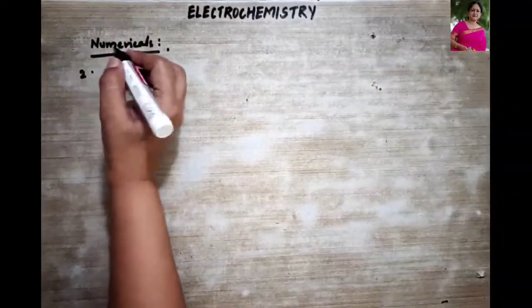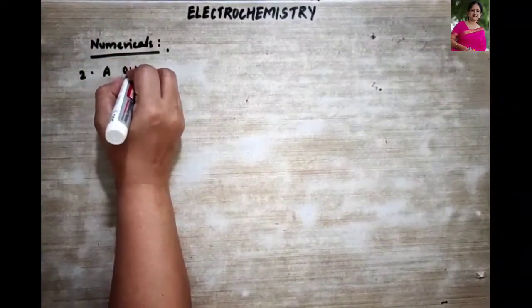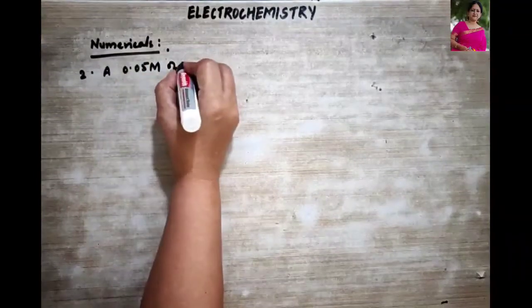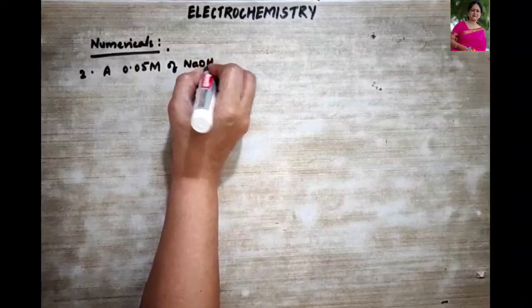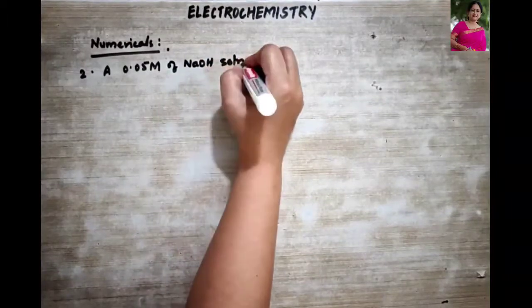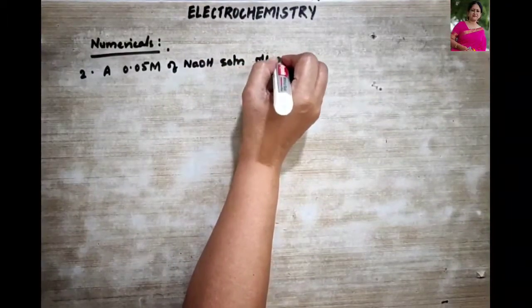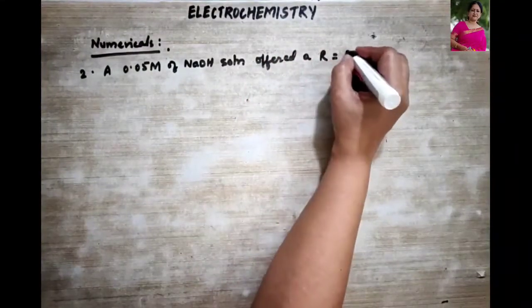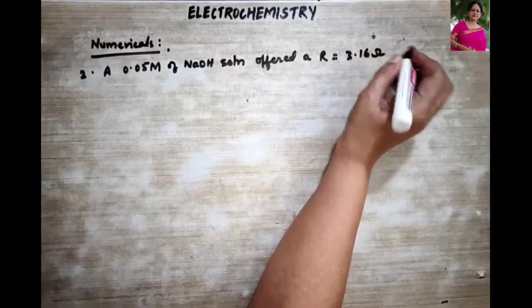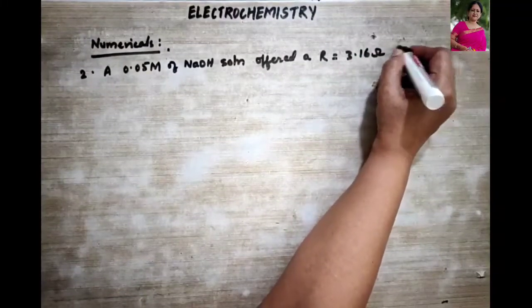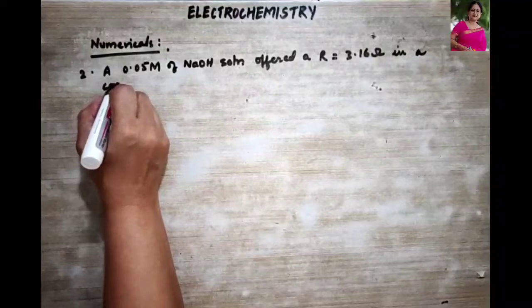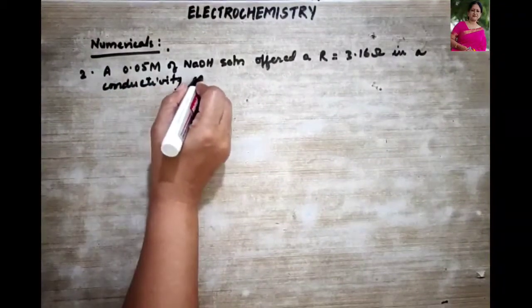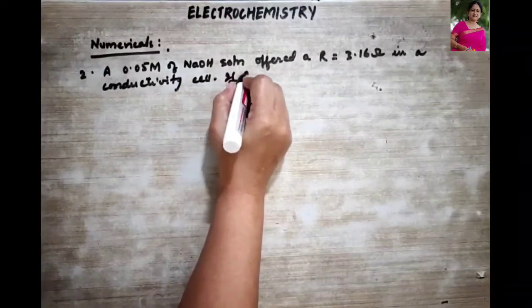Let's take another numerical. It says 0.05 M NaOH solution offered a resistance of 3.16 ohm in a conductivity cell, right?